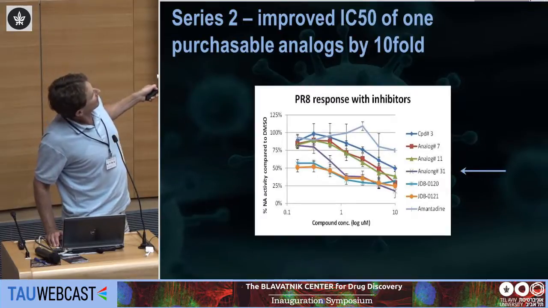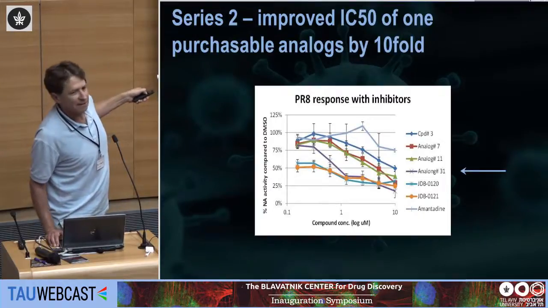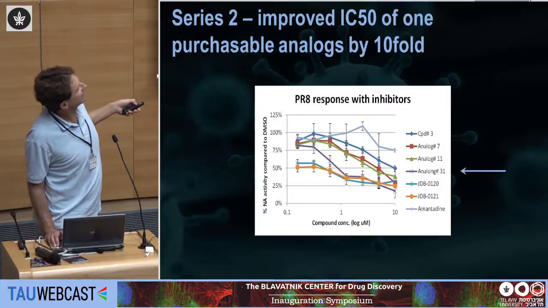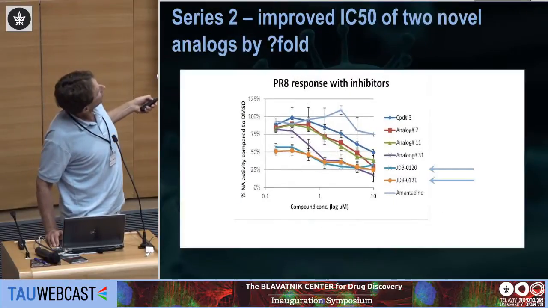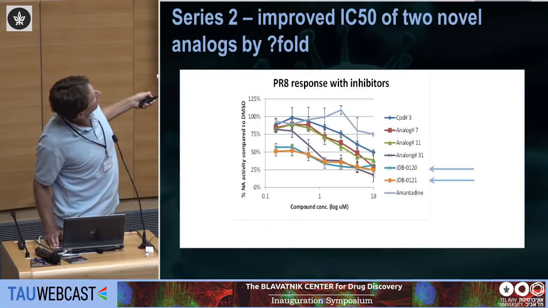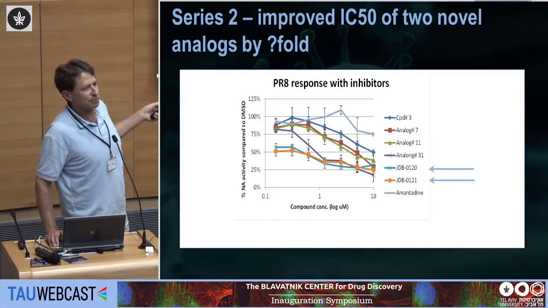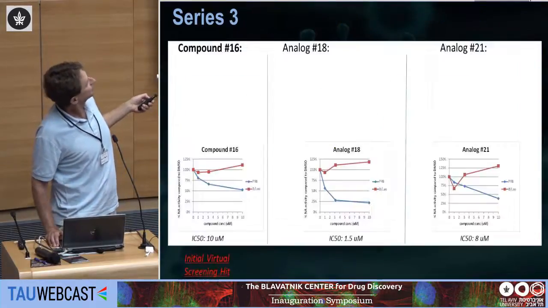And again, there is Amantadine as a reference here, so you see that all of them are better. The synthesis improved activity even further. Here you see again the synthetic molecule that did better. We don't have enough data to estimate by how much, but you see that they do better.